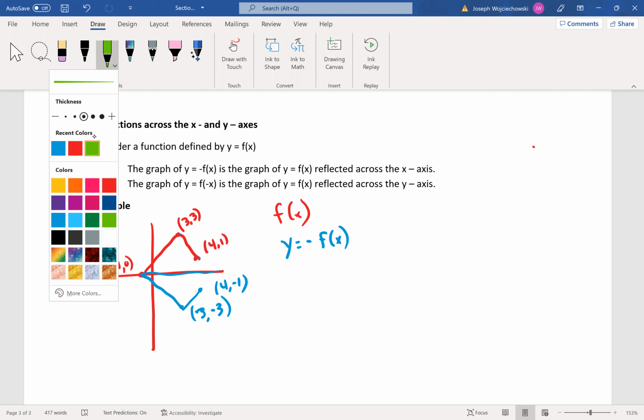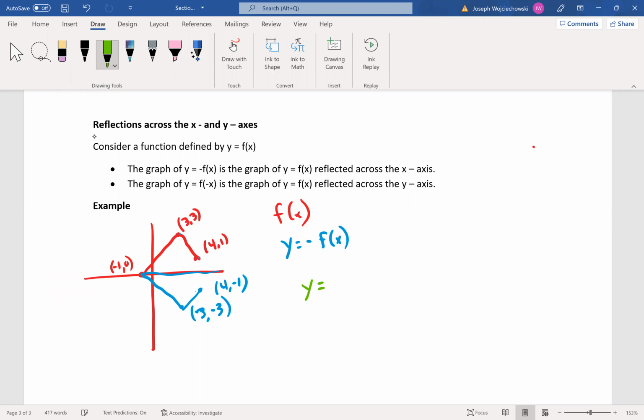Now, what about y equals f of negative x? This means I'm reflecting across the y-axis. So now my x values change because I'm flipping across here.